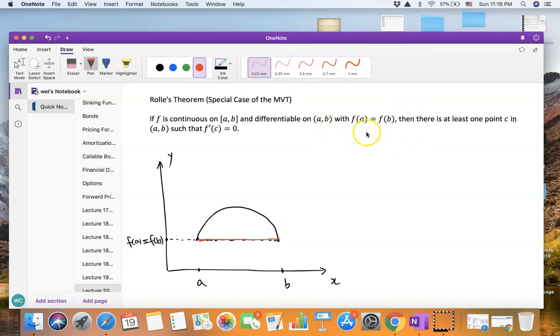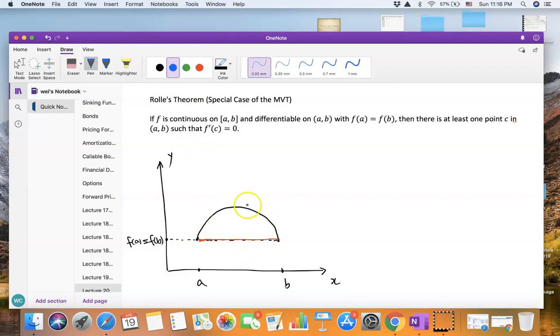So Rolle's theorem tells us that between a and b on this curve, I can find at least one point, and at that point, the tangent line is going to be a horizontal line.